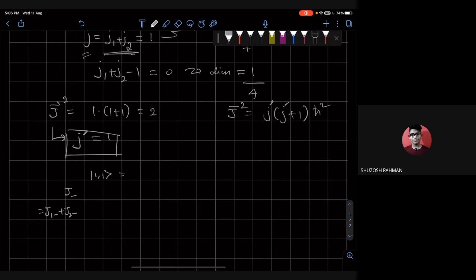And this is going to be, the first particle's spin is spin half. This is A, right? Does this formula make sense?